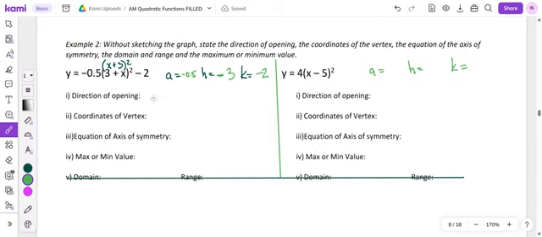Let's see if we all agree. Please don't copy. Whatever you do, please don't copy. I really want you to use your brain.